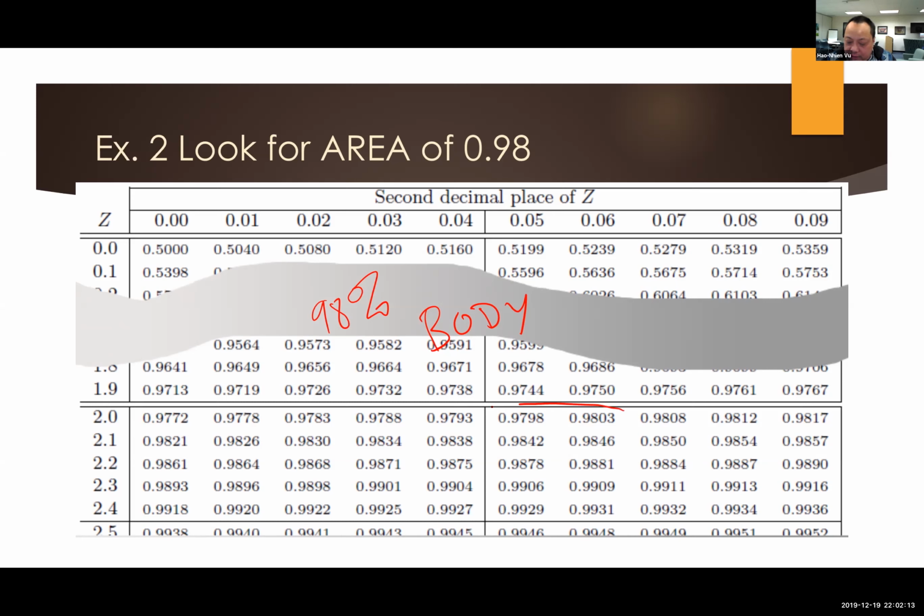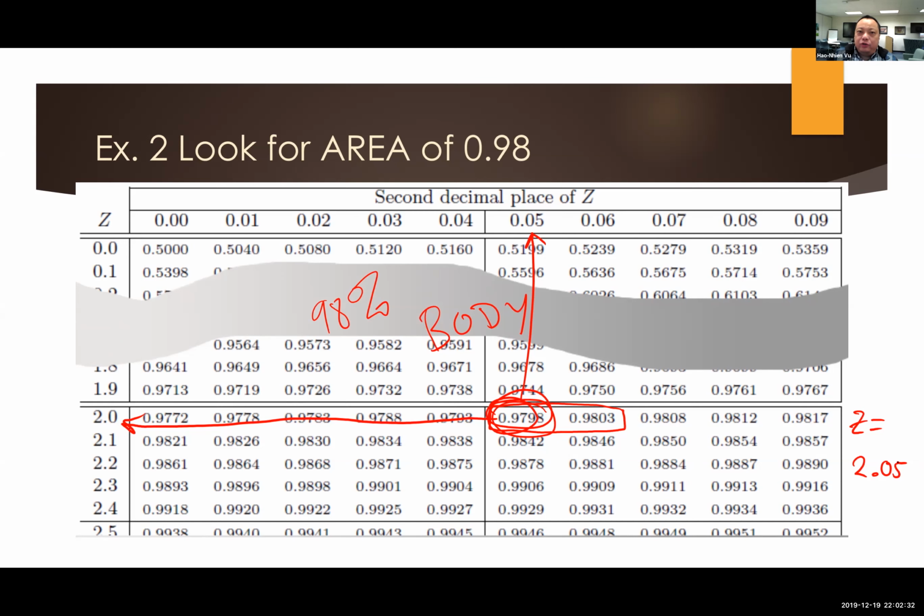And it looks like it's here. It looks like it's closer to that number. So the answer is z is equal to 2.05.